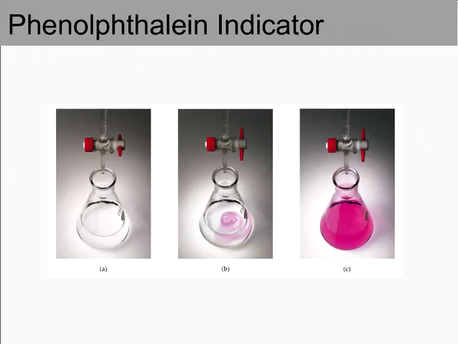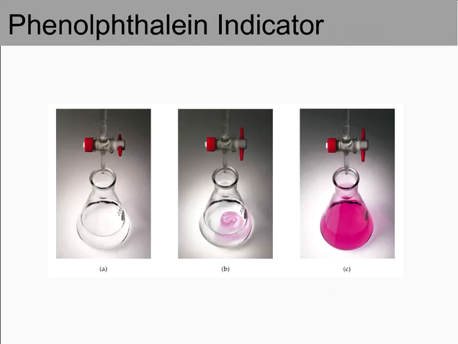So I mentioned that the most common indicator used for titrations is something called phenolphthalein. It's a really long, complex name. I have trouble spelling it sometimes. But you'll notice that down below we have 3 different figures.